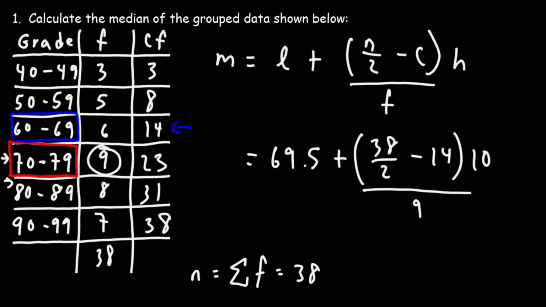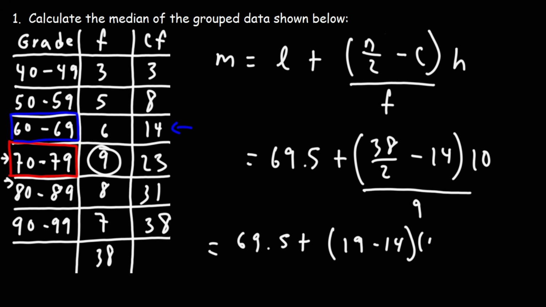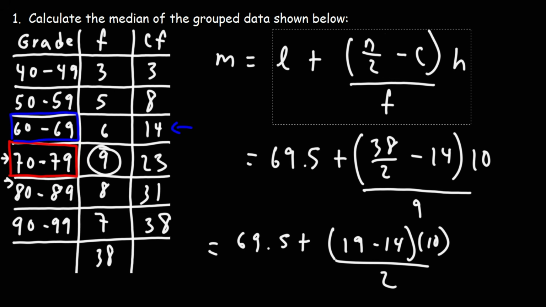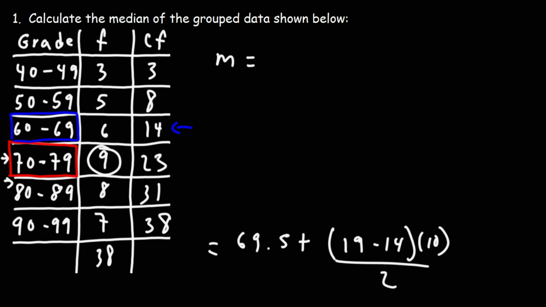So now let's plug in everything. Actually, let's simplify it first. 38 over 2, that's going to be 19. Now, 19 minus 14, that's going to be 5.